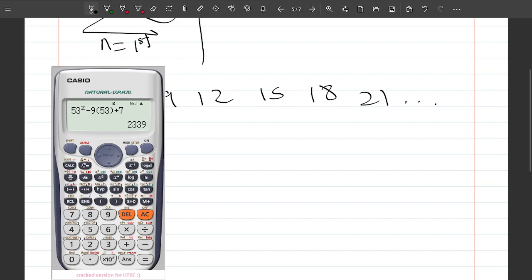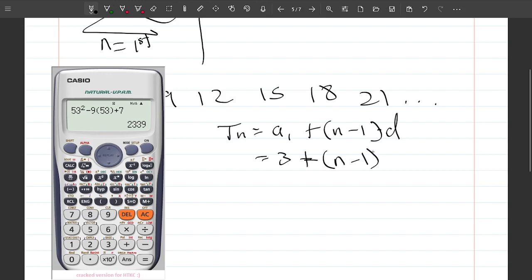This difference is common, because 6 minus 3 is 3, 9 minus 6 is 3, 12 minus 9 is 3, and it keeps going. So my common difference is 3. Then to find the nth term, I'll say Tn is equal to a1 plus (n minus 1)d. My first term a1 is 3, plus (n minus 1), and my common difference is 3.